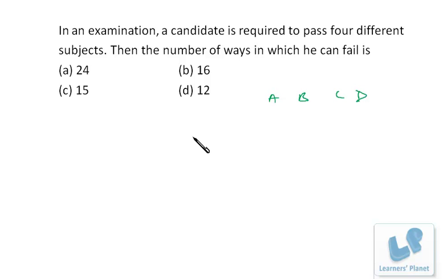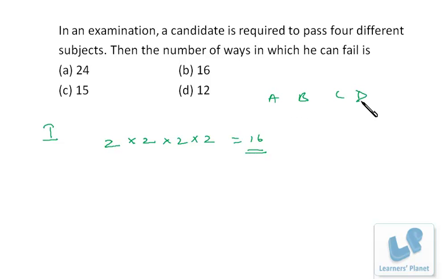So the first method is: for subject A, he has 2 choices, either he passes or fails. For subject B, he has 2 choices, pass or fail. For C, pass or fail. For D, pass or fail. So the total number of ways will be 16. But for every case we have taken pass or fail, and there will be a single case when all the 4 are pass.